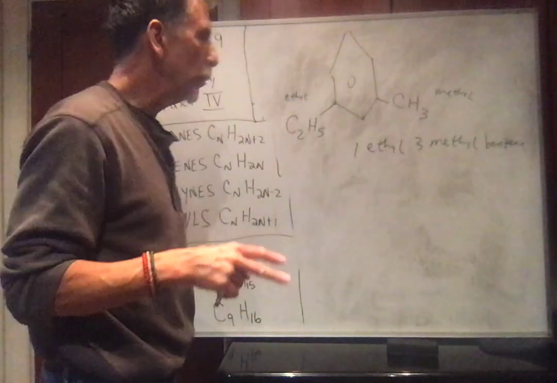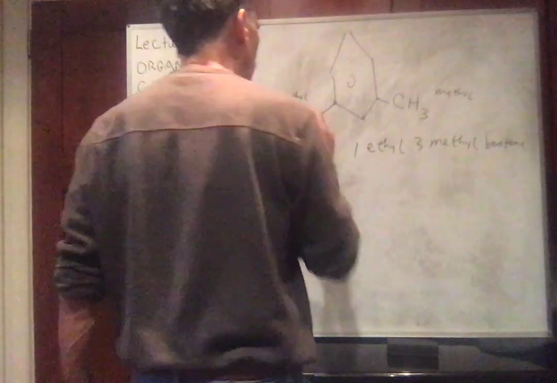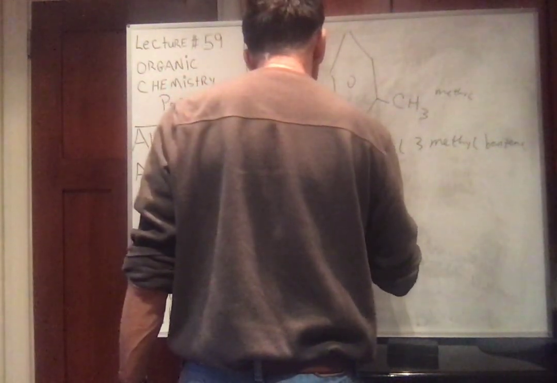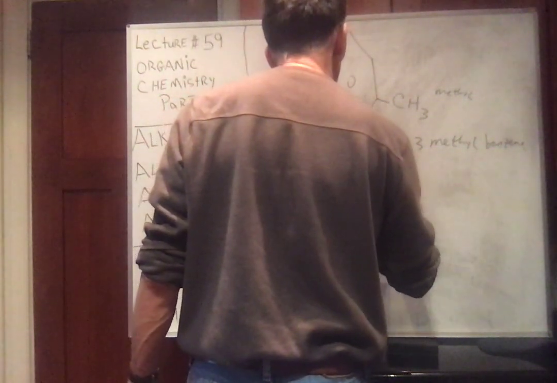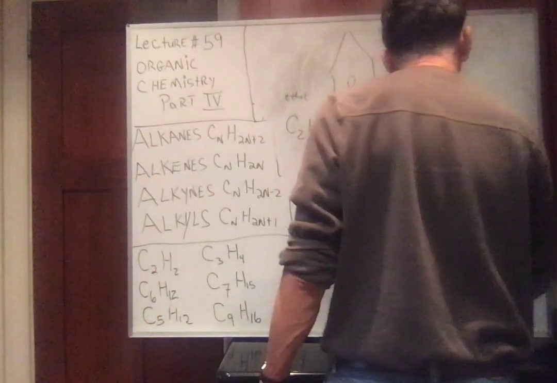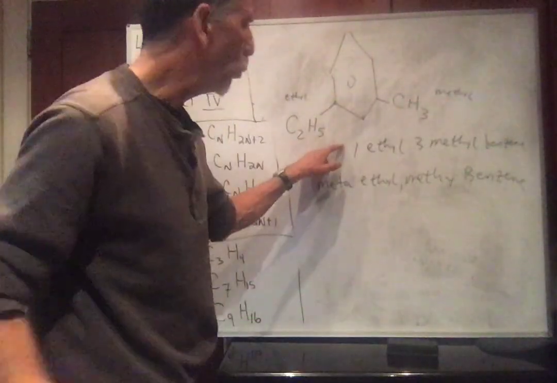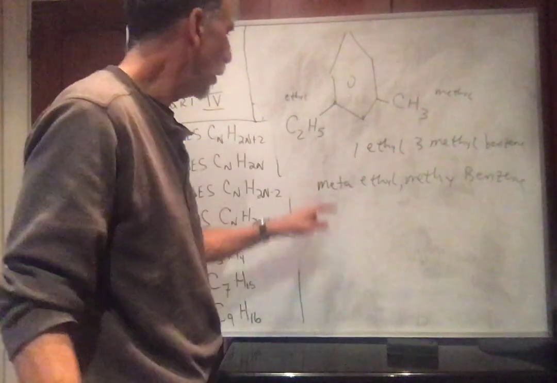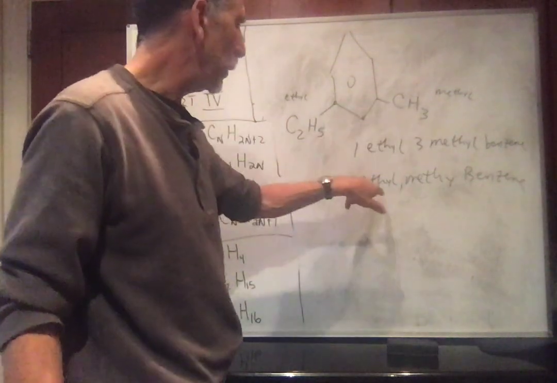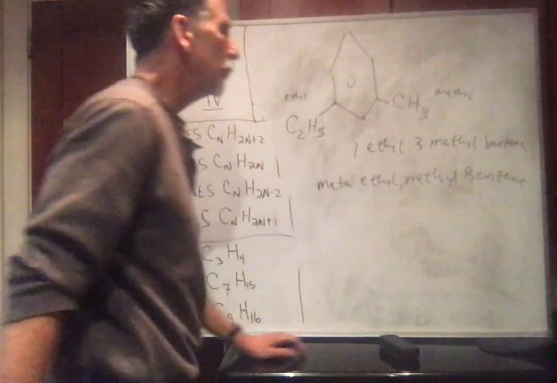There's 2 substitutions, right? So I can use the meta. So instead I could call this meta ethyl methyl benzene. Okay, they're equivalent. 1 ethyl, 3 methyl benzene, or meta, because you skip a bond, ethyl methyl benzene.